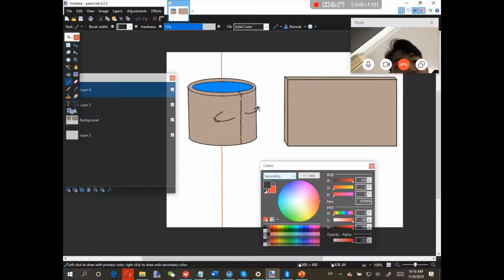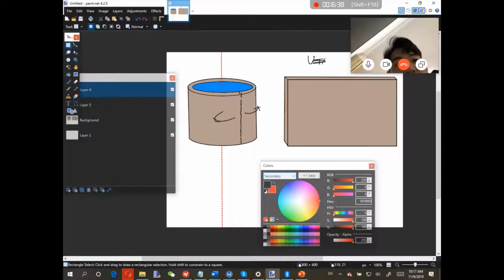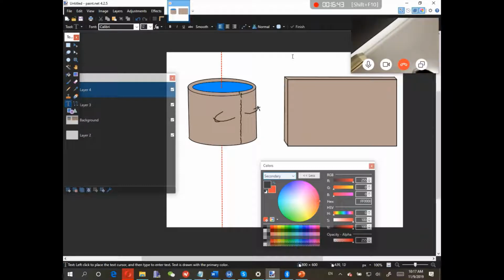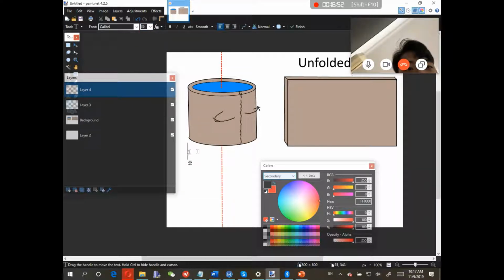Okay. So when I look at this, this is the unfolded version, and this is my folded version, which was the cylinder.